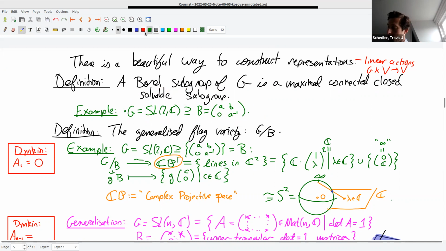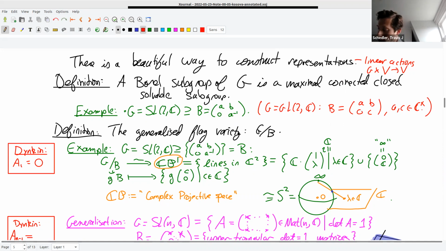If we did GL2, then we could take B, if we like, to be all upper triangular matrices, where a and c are invertible now, because to be determinant 1, you have to be invertible on the diagonal if you're upper triangular. Okay, so this would be one example.